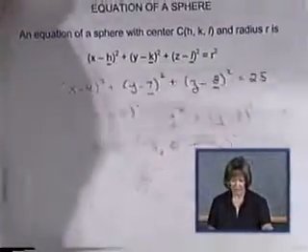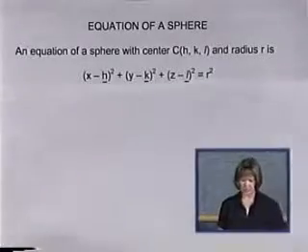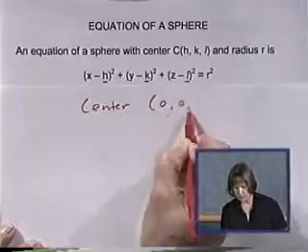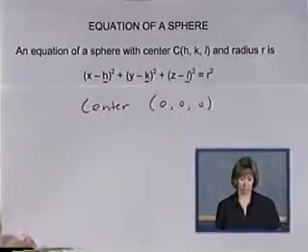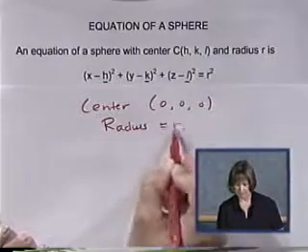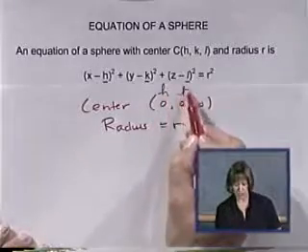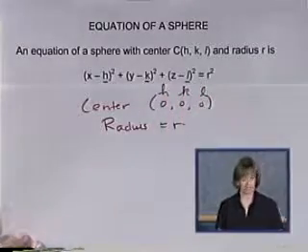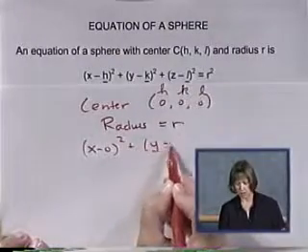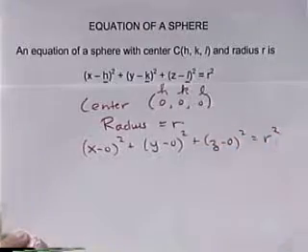Now notice, what if I take my sphere here, and I say, what if I want a very special sphere whose center is the origin, (0, 0, 0), and I want my radius to be r. Well, if the center is (0, 0, 0), 0 goes in for h, 0 goes in for k, 0 goes in for l. So we're going to get (x minus 0) squared plus (y minus 0) squared plus (z minus 0) squared equals r squared.